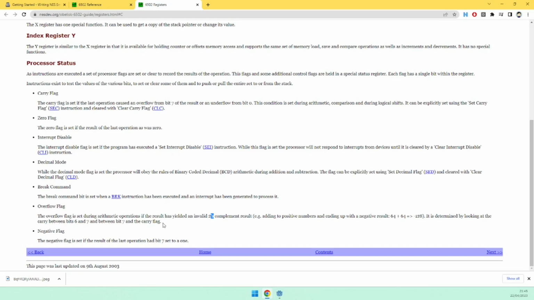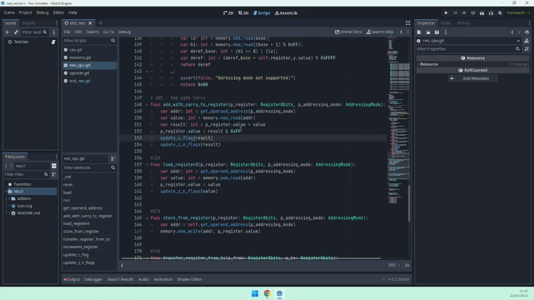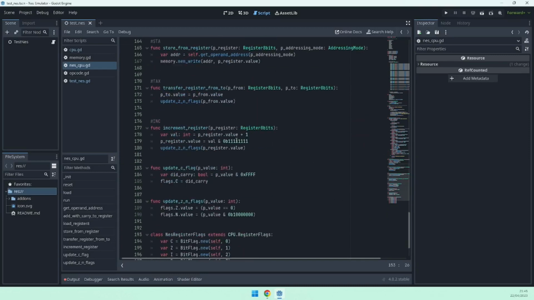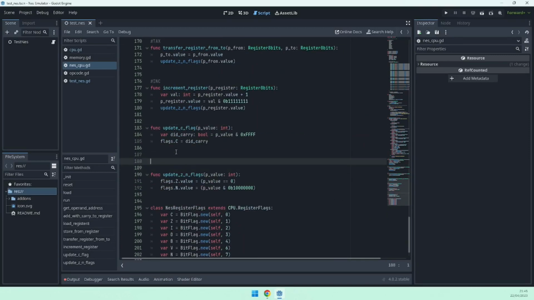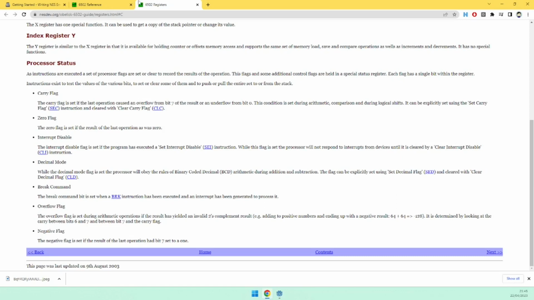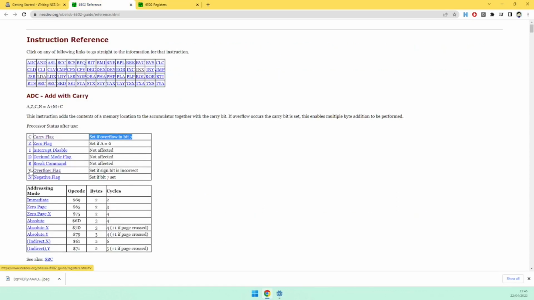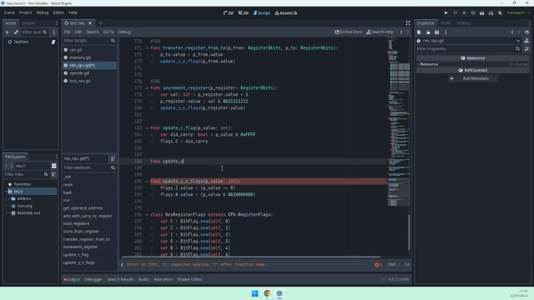So I think for the overflow flag we need the previous and next value. So let's add a function, update, what's the name of it again? V flag.